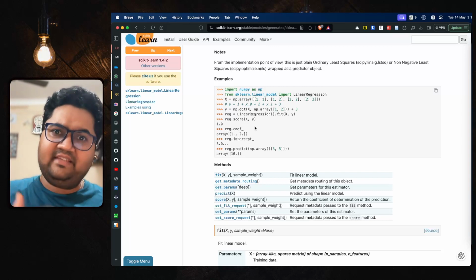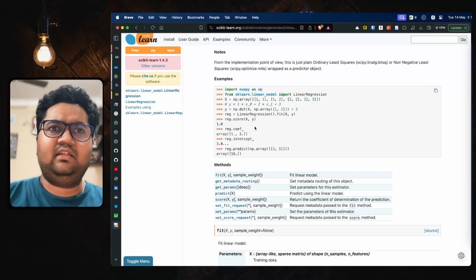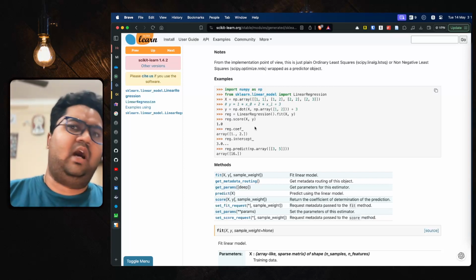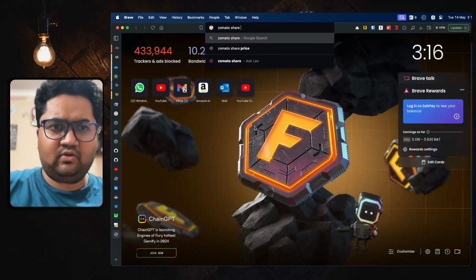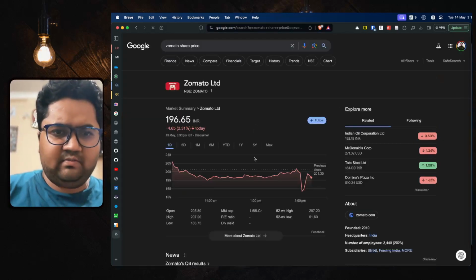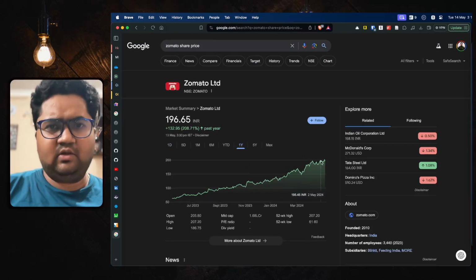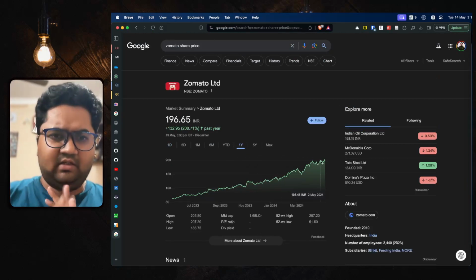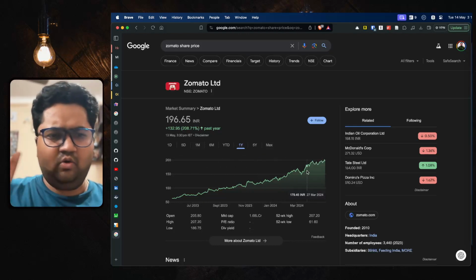So if your data is linear and you already know that. And when would the data be in a linear state? If you have a really nice uptrend around a certain stock, like for instance, I was looking at the Zomato share price a few days back, and if you see the 1 year graph, this is amazingly growing. This is capturing the momentum in a great way. This is almost like a 45-degree line going up.